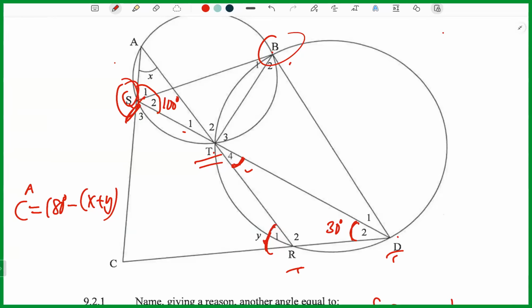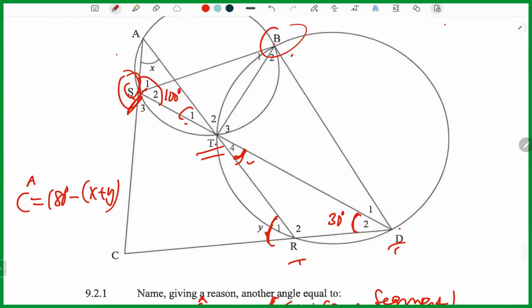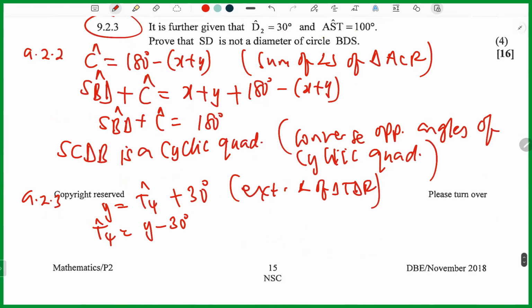The angle T1 is equal to the angle T4. They're vertically opposite angles. So the conclusion from these is that angle T1 is also y minus 30 degrees. Why? Because vertically opposite angles are equal.